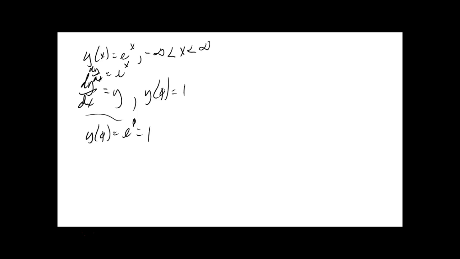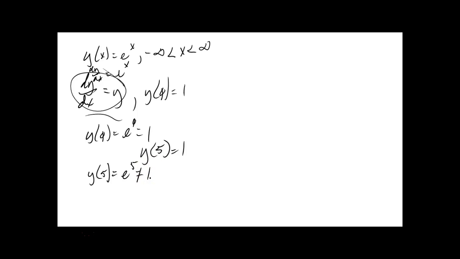if you're looking for another, say y1 of x, at a different initial condition, same problem here, except now your y of 5 is equal to 1. So again, e to the x works for your differential equation, but y of 5, which would be e to the 5th, is not 1.